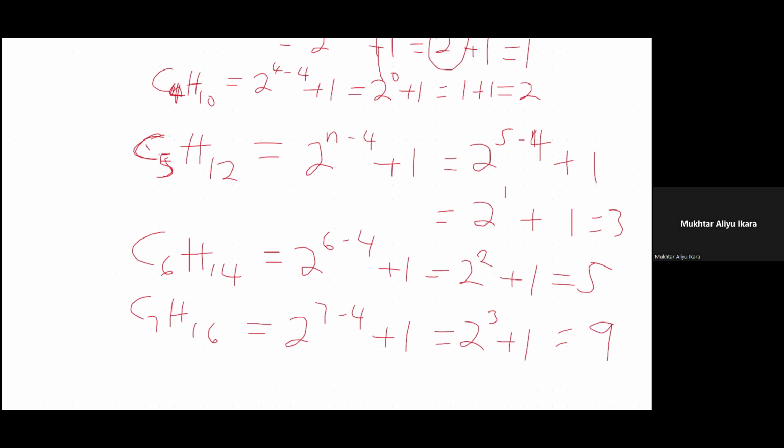Then the next one is octane. This formula, 2 raised to the power of n minus 4, only applies to methane to heptane. It doesn't apply to octane, and it also doesn't apply to nonane. So for octane, which formula are we going to use?